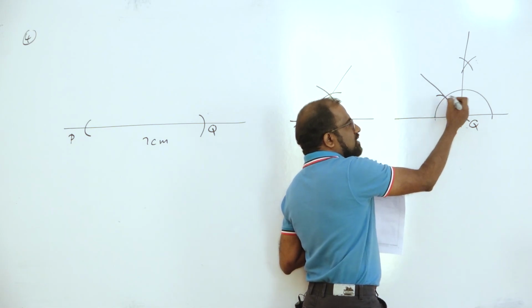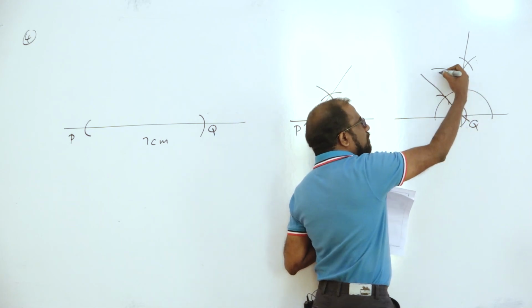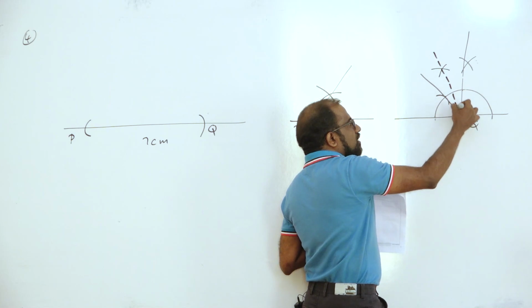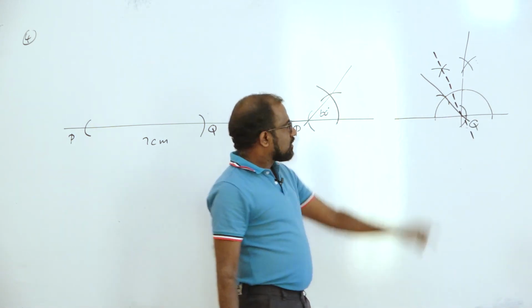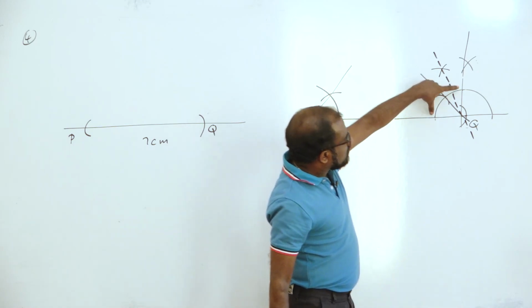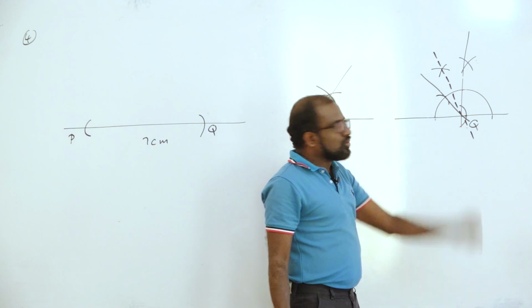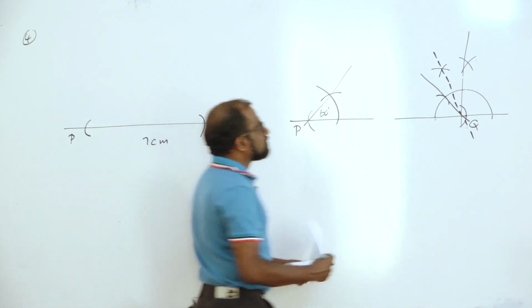Keep the compass point here, draw a curve, keep the compass point here and draw a curve. What is this angle? A 75-degree angle. Up to here 60, here 90, a right angle. Bisect 60 and 90 and you get a 75-degree angle. Correct?